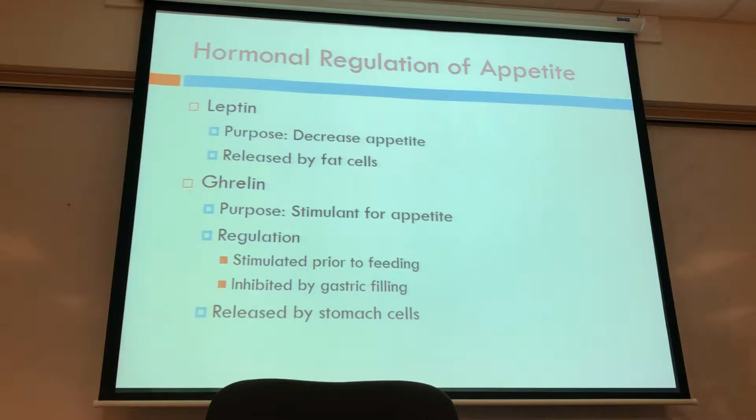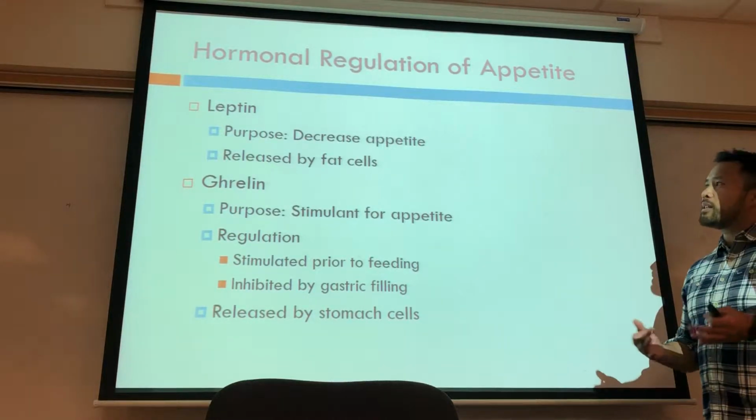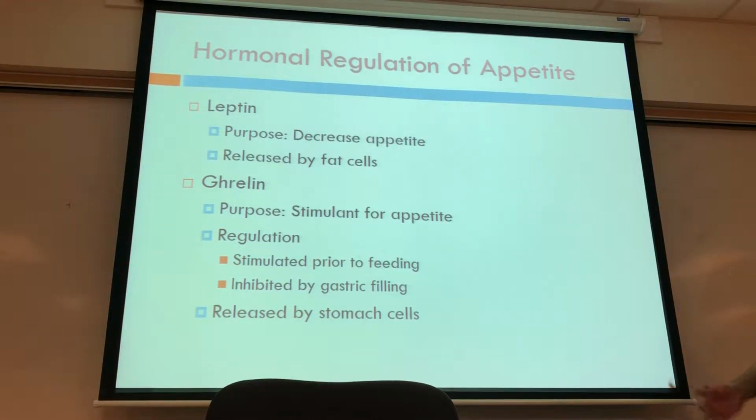They work by giving us sensory information that will tell us whether we need to increase our appetite or decrease our appetite. Leptin, like I said, is produced by the fat cells for the sole purpose of decreasing your appetite.